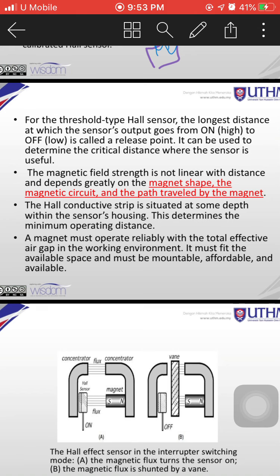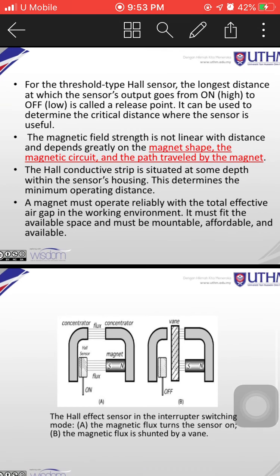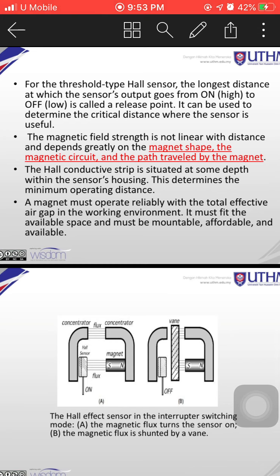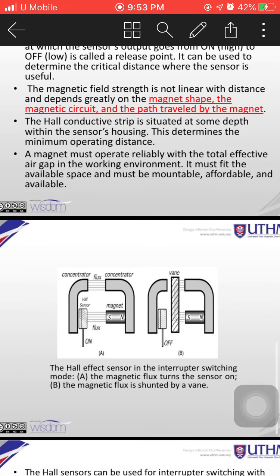A magnet that we use must operate reliably with the total effective air gap in the working environment, and it must fit in the available space and be mountable, affordable, and available, for us to choose the best magnet for our sensor.